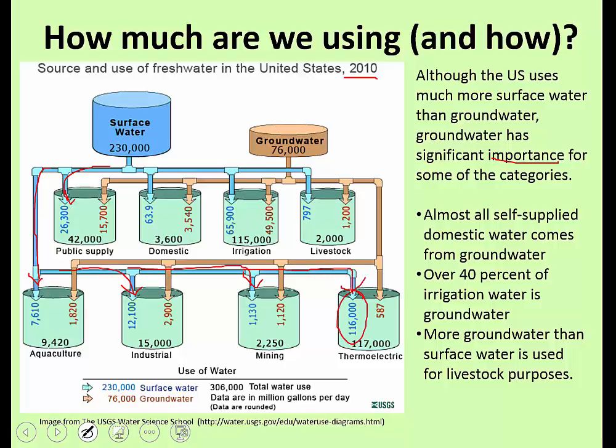Thermoelectric is a huge use of water in the U.S. That's about half of the water used every day, just for cooling down where we're producing electricity and producing energy. Now, you may think, oh, well, nuclear plants are going to require a lot of cooling, but our coal-fired and gas-fired plants are going to use that as well.